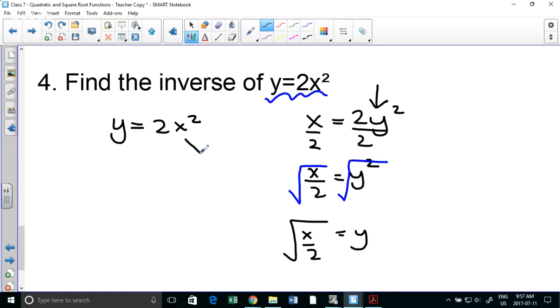So this and this are inverses of each other. Now the question is, what does this look like?